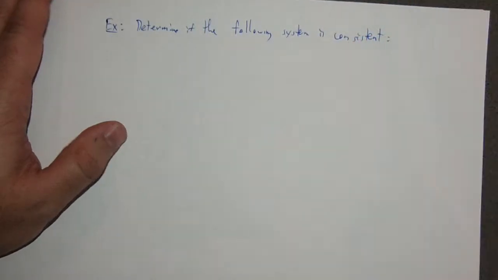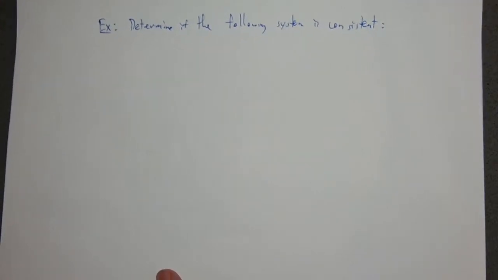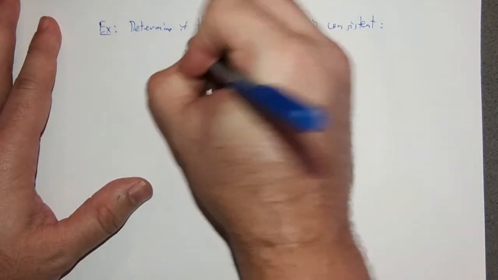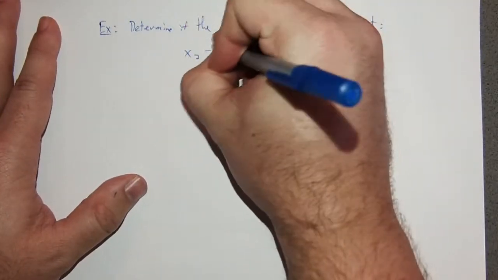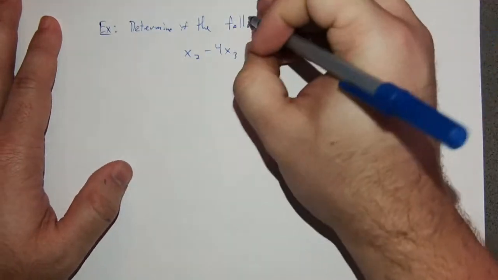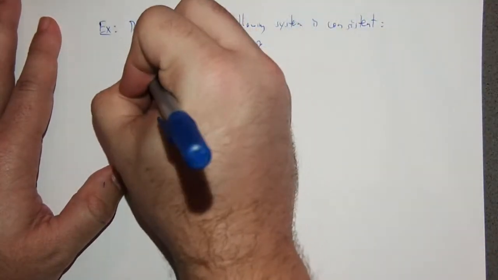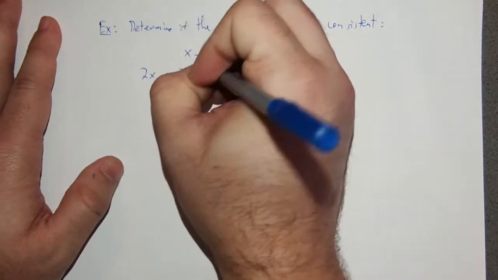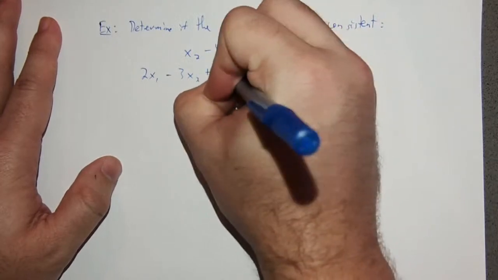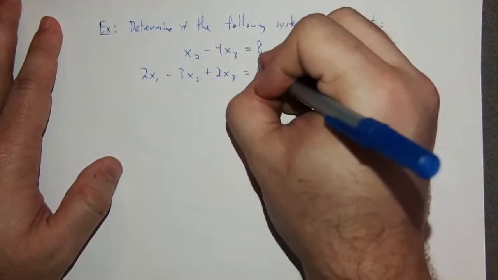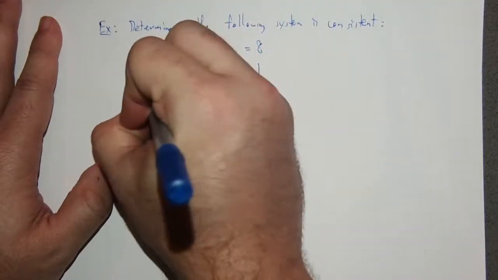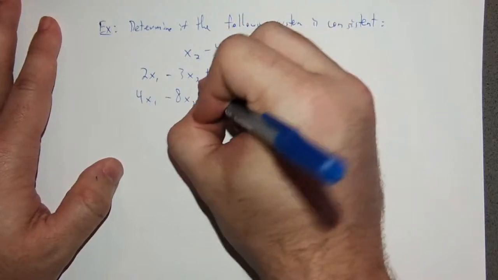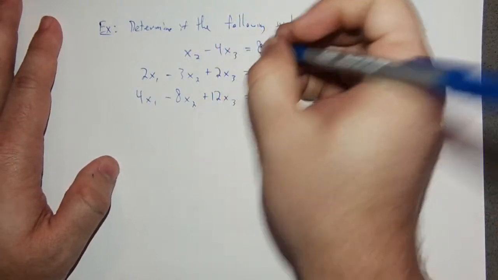The system in question is x sub 2 minus 4 x sub 3 is equal to 8, and 2 x sub 1 minus 3 x sub 2 plus 2 x sub 3 is equal to 1, and 4 x sub 1 minus 8 x sub 2 plus 12 x sub 3 is equal to 1.